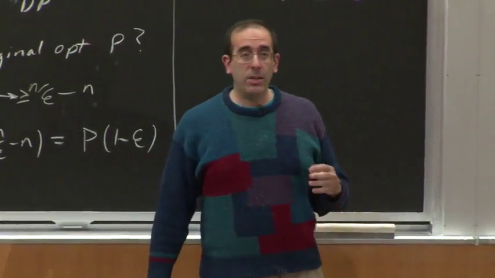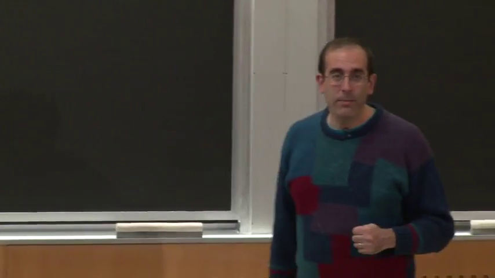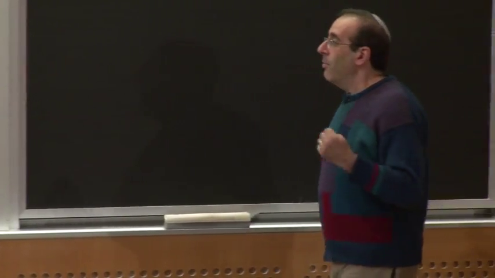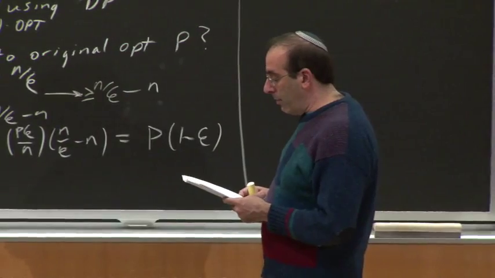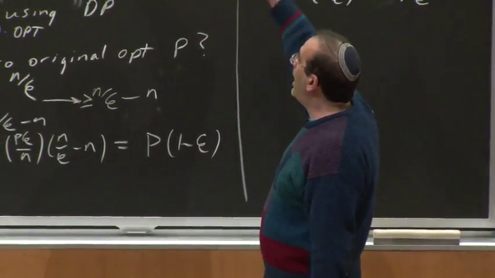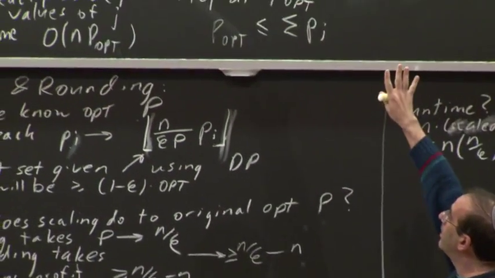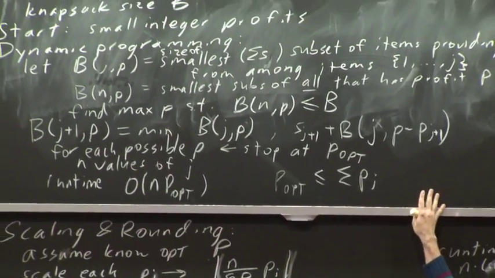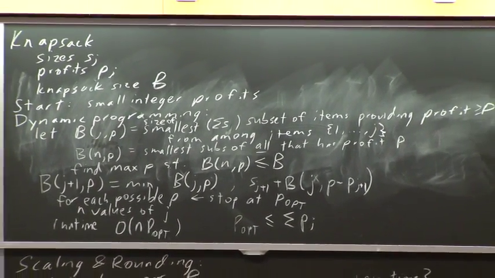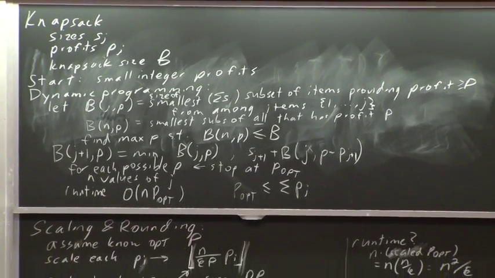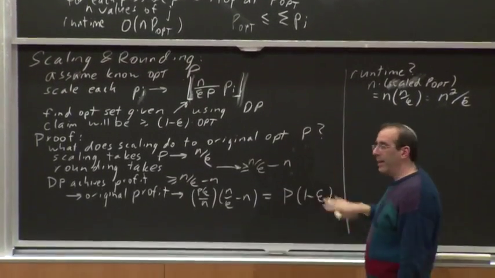It turns out that in a strong sense, it's the only technique. So what I've shown you here is a way to reduce from an algorithm that works for small integers into an approximation algorithm. Turns out you can also go the other way.